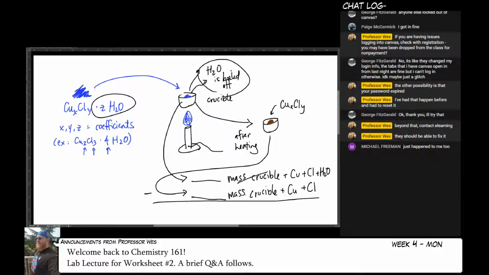And since these are both present in each of these, when I subtract, they'll get canceled out. They'll be subtracted away. And so the mass that I get down here will just be the mass of H2O. So by heating off all of the water, we can then measure the mass before and after this heating has occurred, and we'll know how much water was in there. Okay, that's cool. So we got the water part figured out.